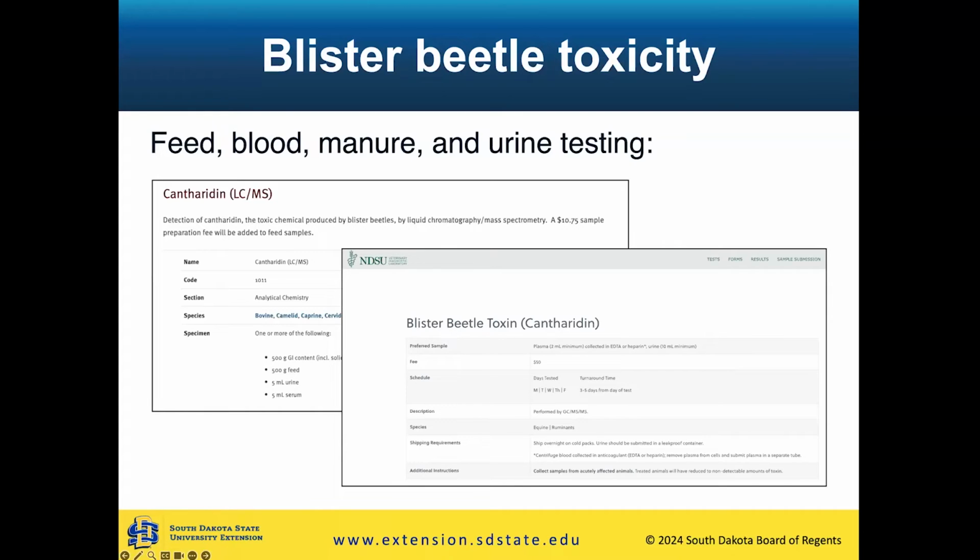One is at NDSU, and the other is Texas A&M. At least I know at NDSU, they'll test blood plasma and urine samples if you wanted to see what concentration of cantharidin an animal has in its system. Texas A&M will actually take manure and feed samples as well, along with urine and blood samples.